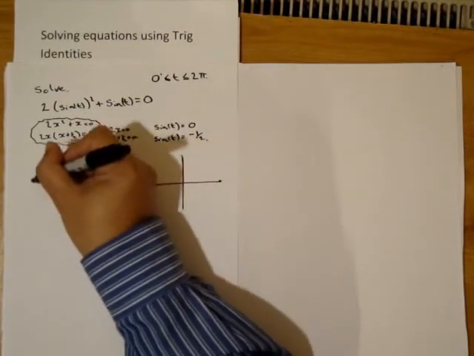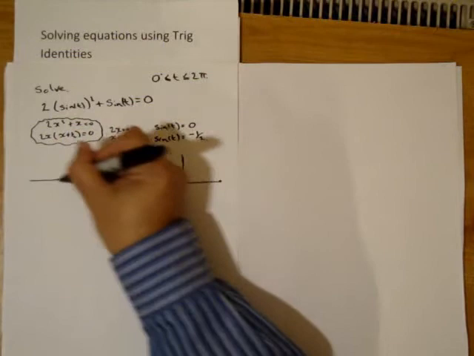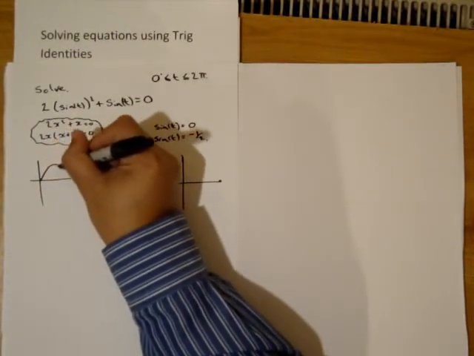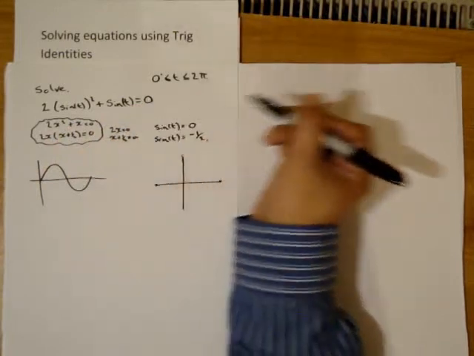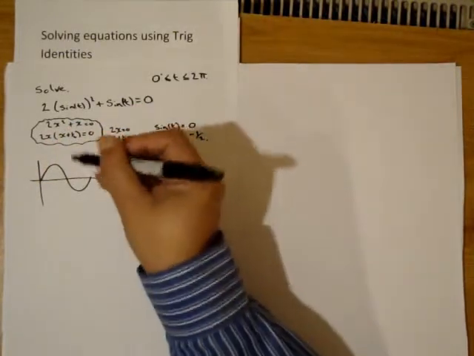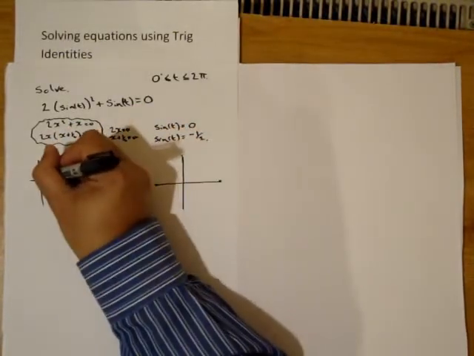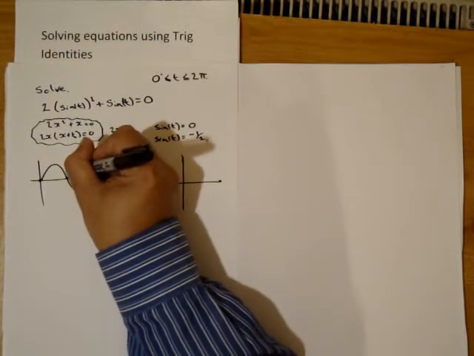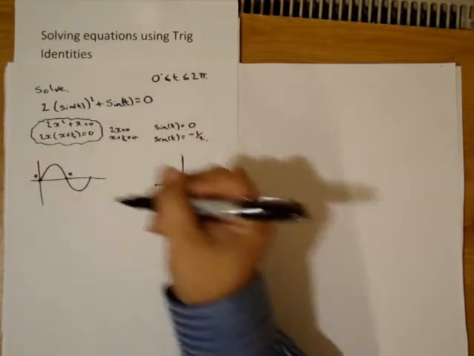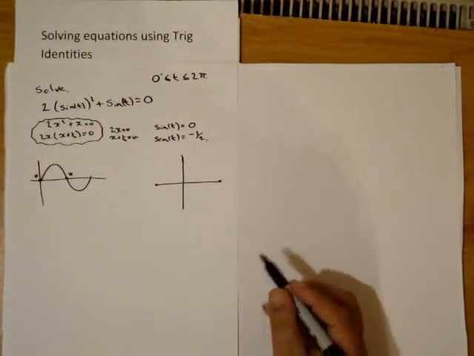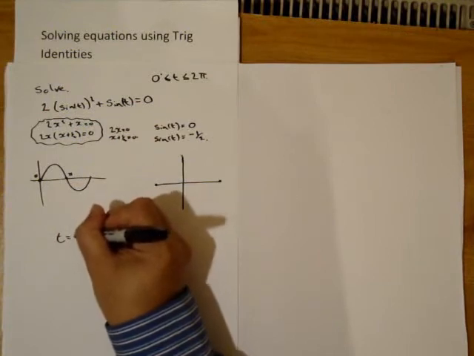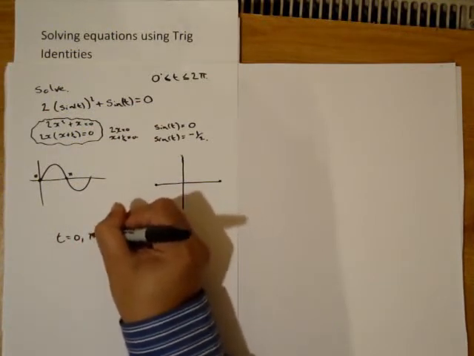If we think of this as a sine curve, and we're going from 0 to 2 pi, so this is 2 pi, and our 0 is here, so it's here and here. So this is pi, this is 0. So it's 0 at 2 places, t equals 0, t equals pi.